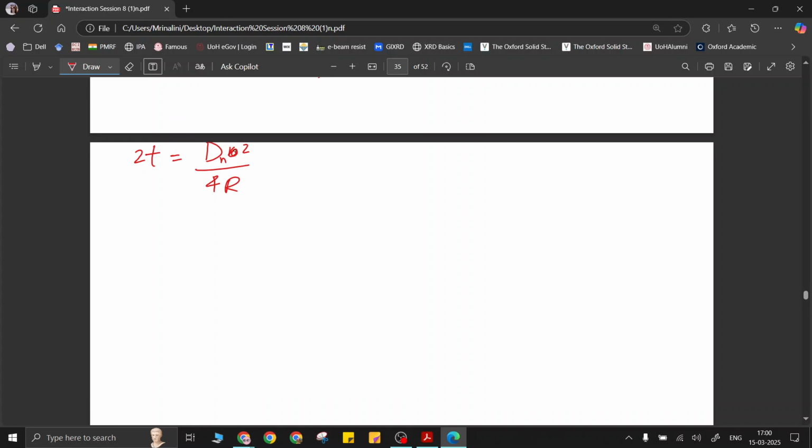Okay, 2t is dn squared by 4r. dn is double the radius, so I can write it as 2rn, and the square of all this divided by 4r means this will be 4rn squared, where rn is the radius of the nth ring, divided by 4r. R is the radius of curvature.